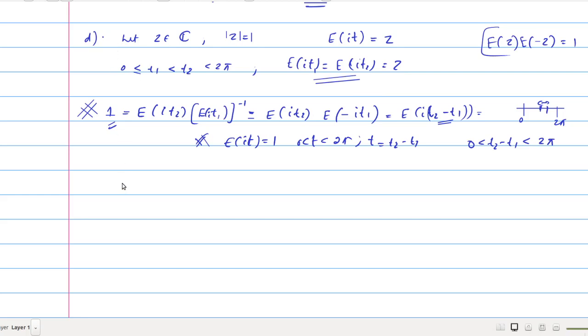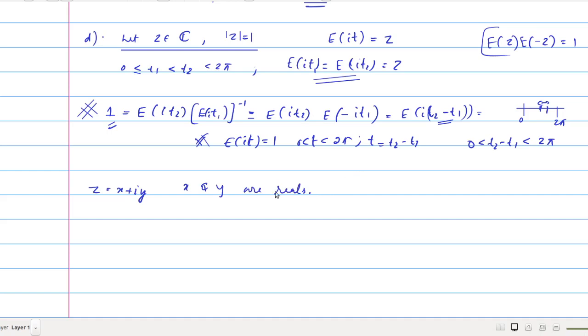Okay, now we'll prove the existence part. Let Z belong to the complex numbers with mod Z equal to 1. Write Z equal to x plus iy with x and y reals.